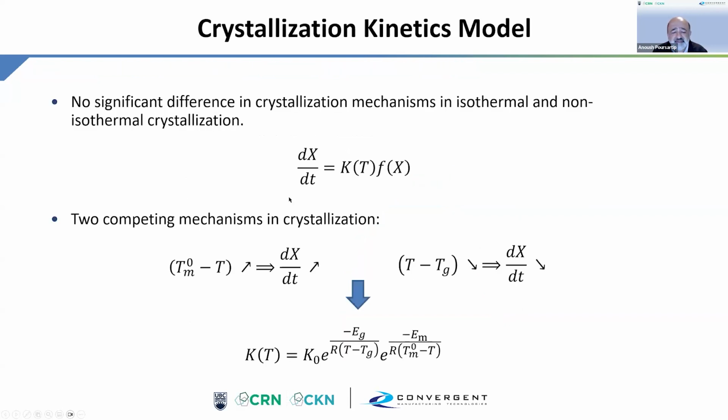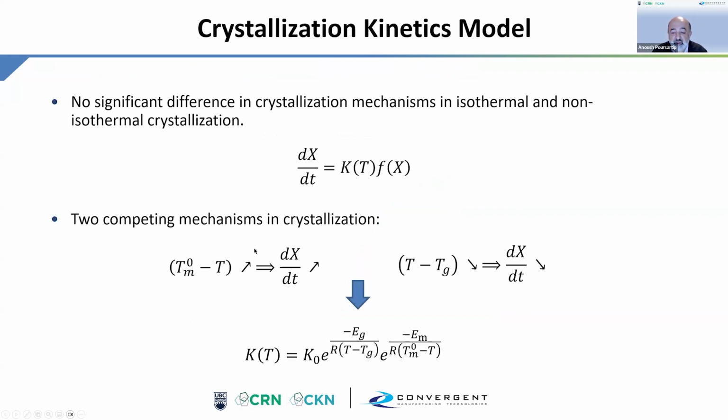And fundamentally, and in the literature, there's many forms of this equation. But basically what you say is the crystallization rate has a temperature dependence and a crystallinity dependence. Basically, there's two competing mechanisms. The more you undercool your material from a nominal melt temperature, the more the material wants to crystallize.